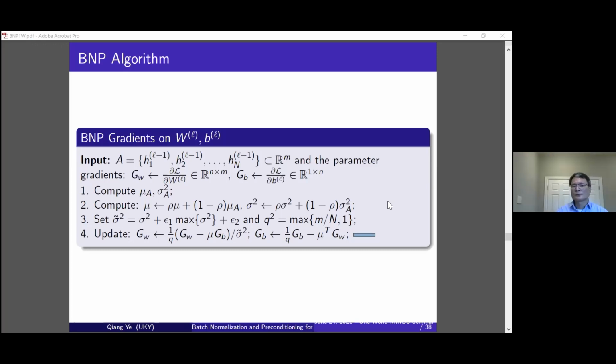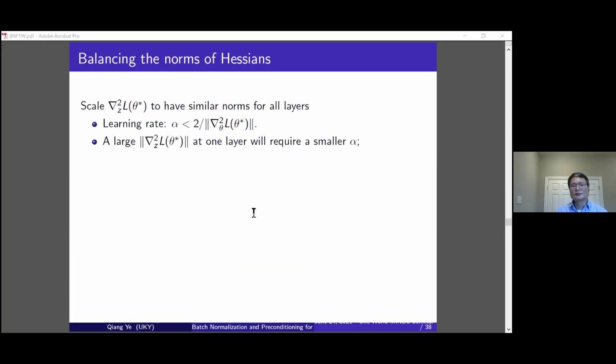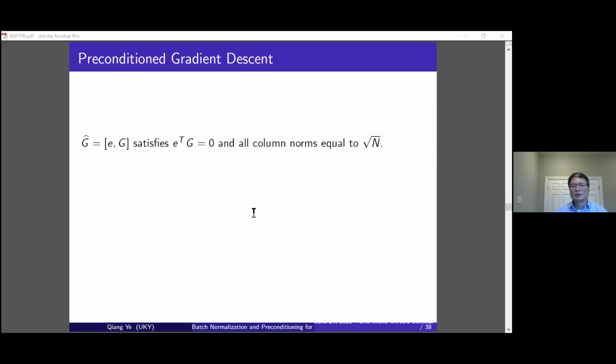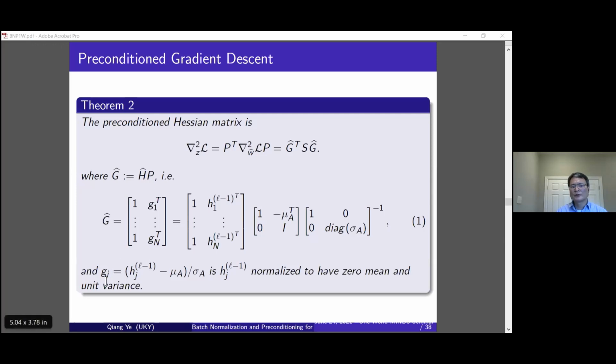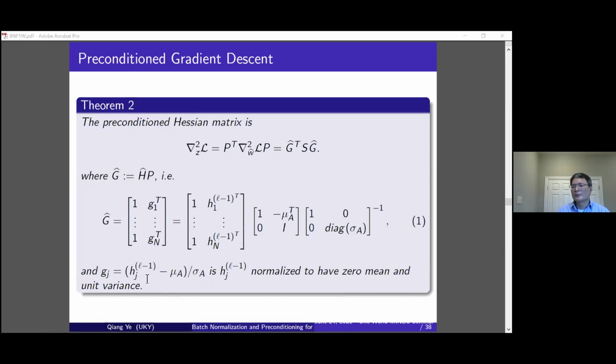Well, the G here, after normalization, technically it may or may not be independent, but it can be modeled as independent. It's possible that some of the weights all turn out to be the same, so they become dependent.